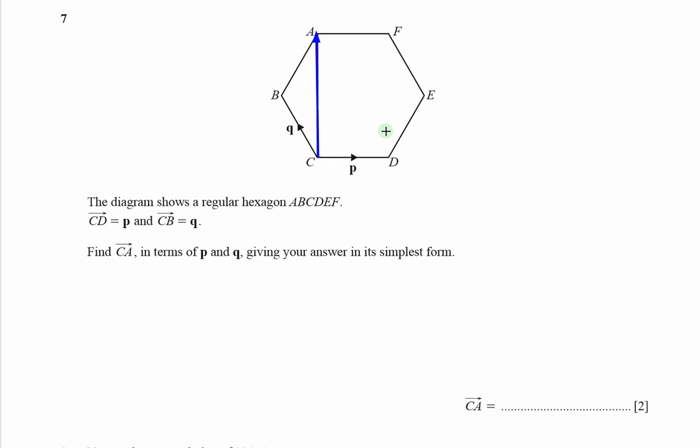Now, so what you do is this P, let's see. Let's draw this first.